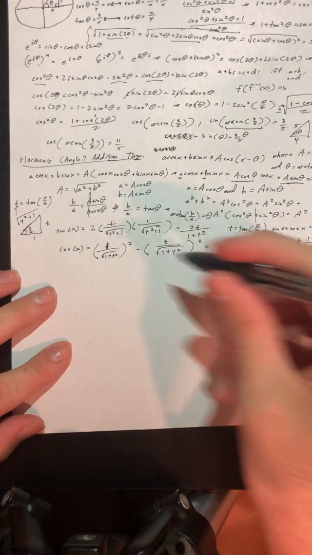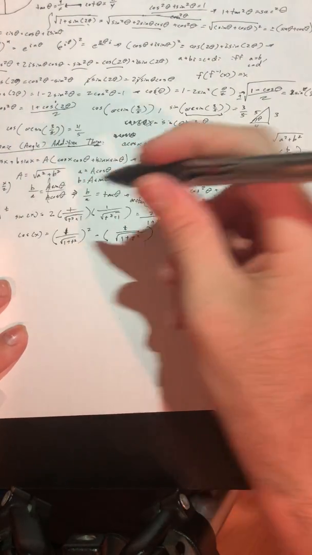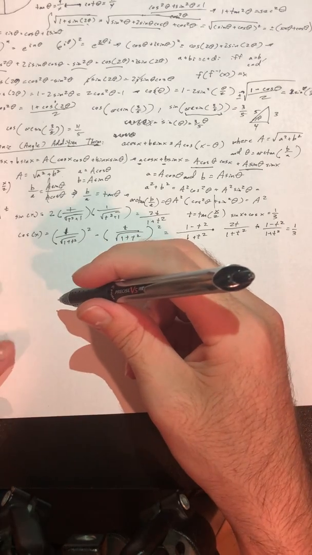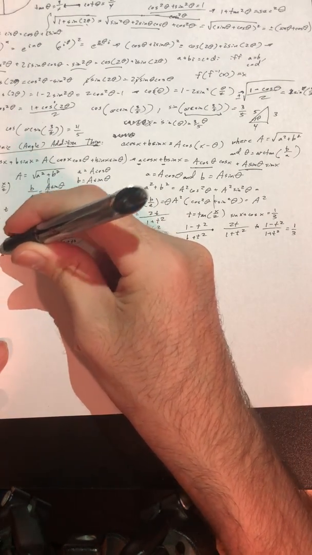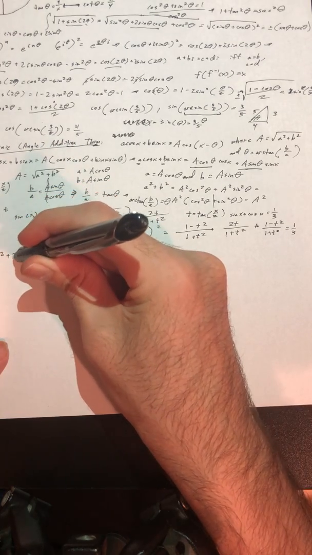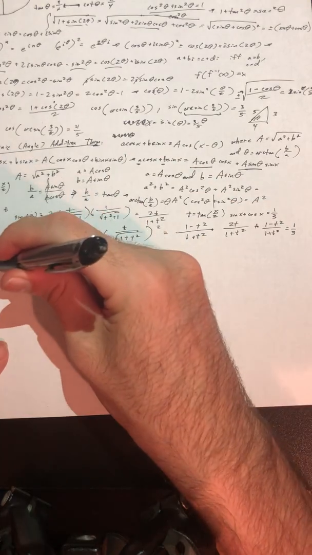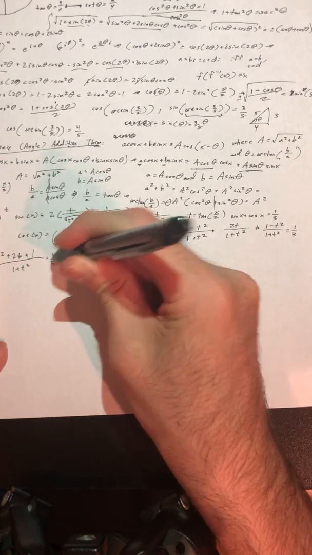So, where am I? I want you guys to see how it works, but this tripod's in the way. Okay. So we get negative t squared plus 2t plus 1 over 1 plus t squared is equal to 1/3.